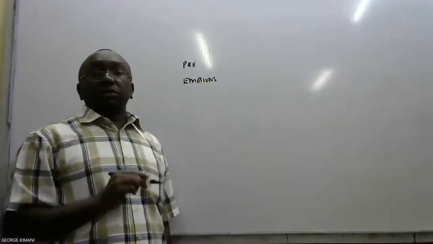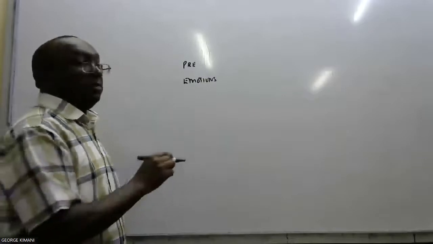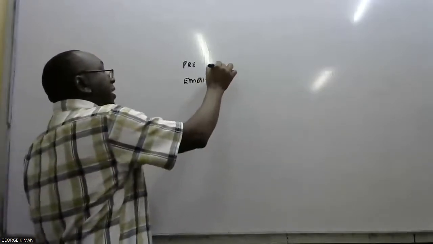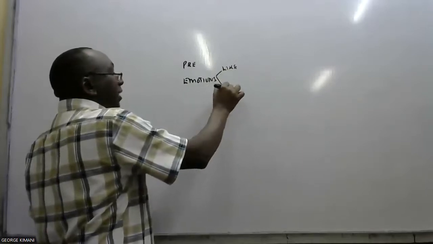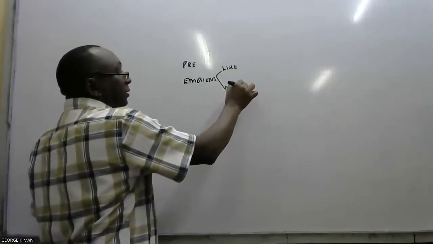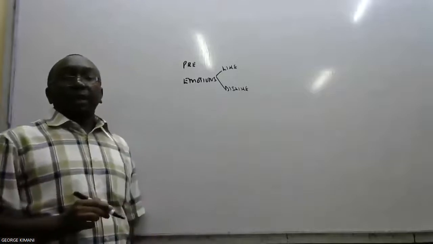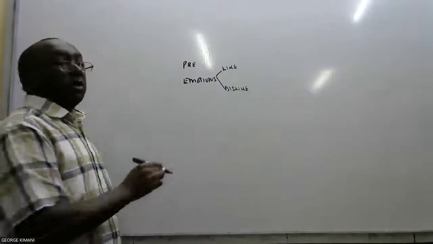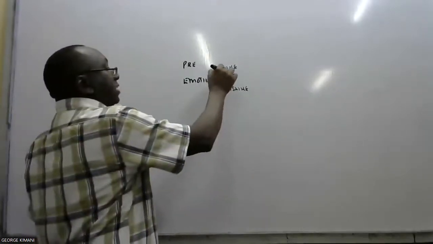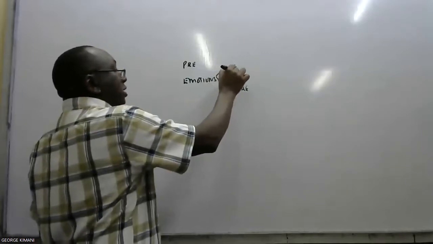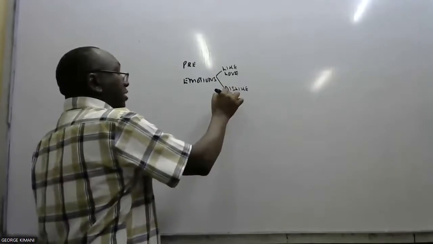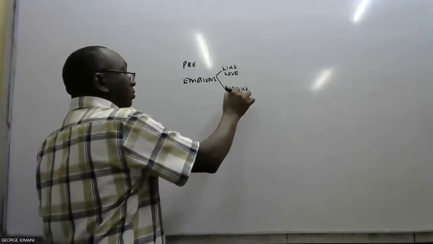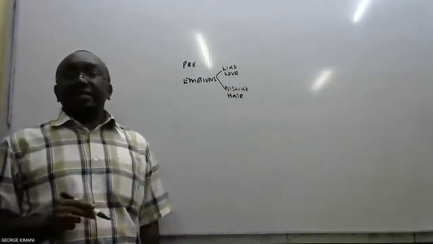You generate emotions. And these emotions either make you like the person or dislike the person. And I told you also, this is the one that if it is nurtured, it grows to be known as what? Love. And this one, if it is nurtured, it grows to be called hate.